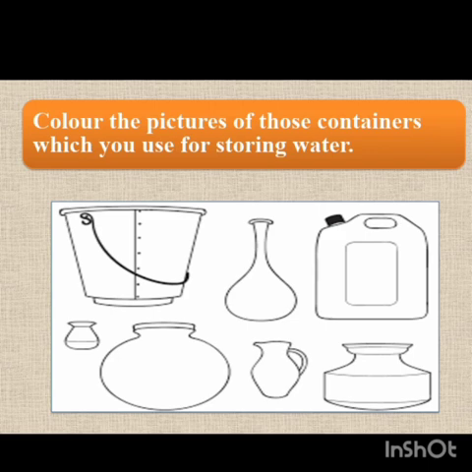Here, you can see the jug and tumbler as well, but they are smaller in size. You know that water can be stored in big containers. So we don't use the tumbler and jug for storing water.